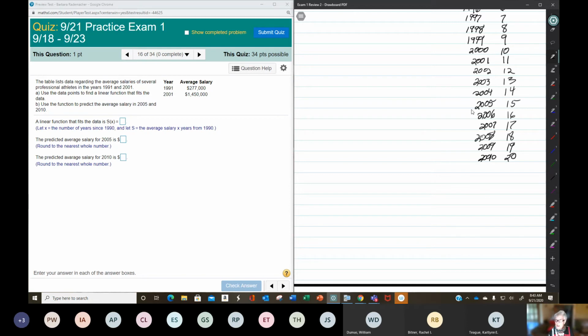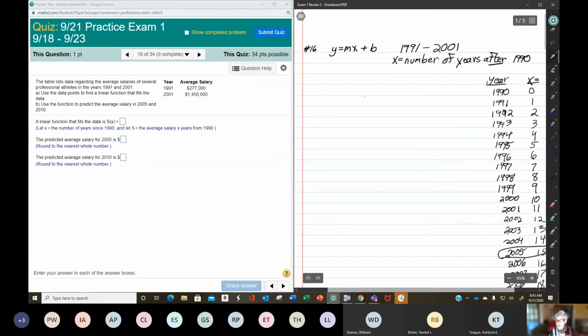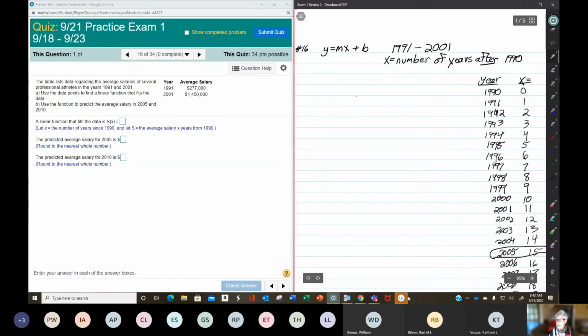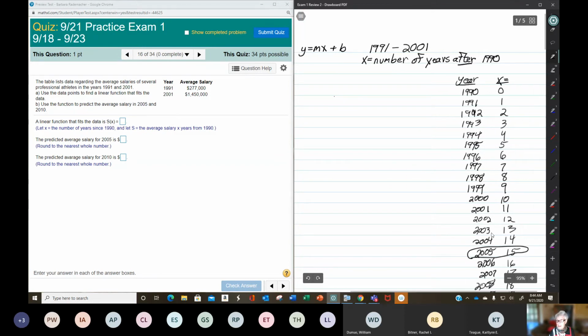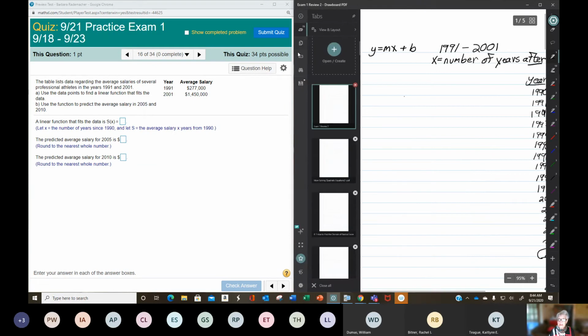That means that 2005 is going to be year 15, and 2010 is going to be year 20. And now you can refer to this table. You would get the same answers if you subtracted 1990 from all of these years. So that 2005 minus 1990 is 15. So you didn't have to go to all this trouble, but I think it helps in the beginning.